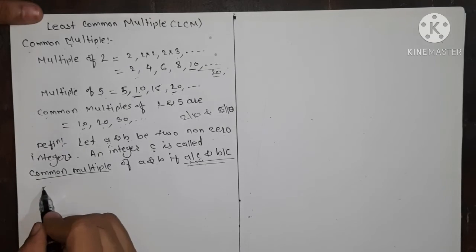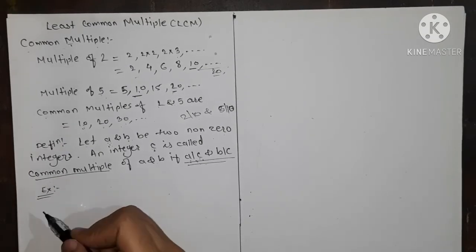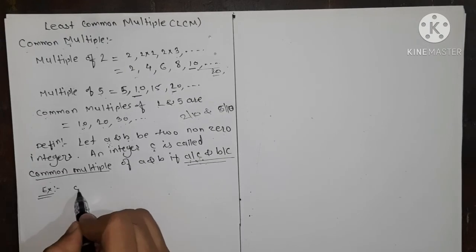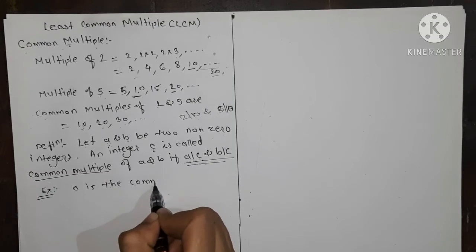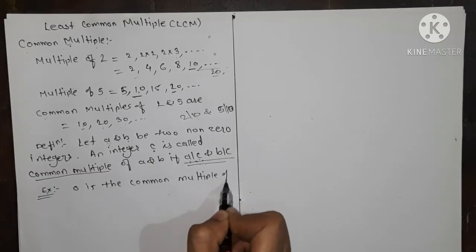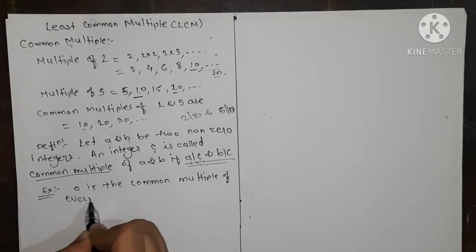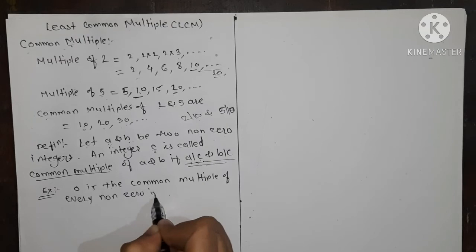So we see an example: 0 is a common multiple of every non-zero integer.